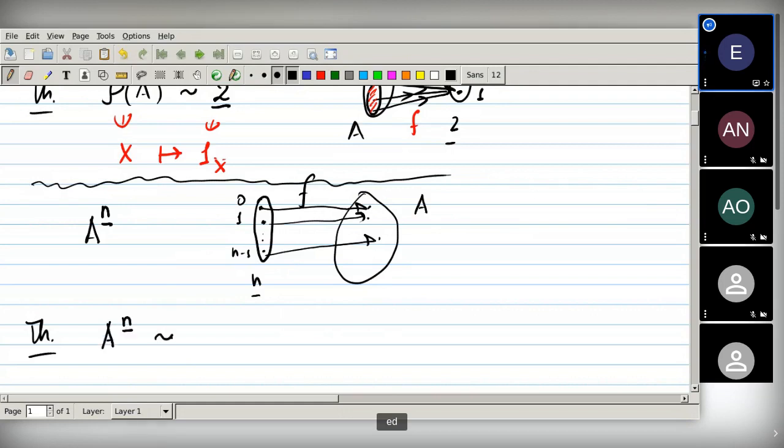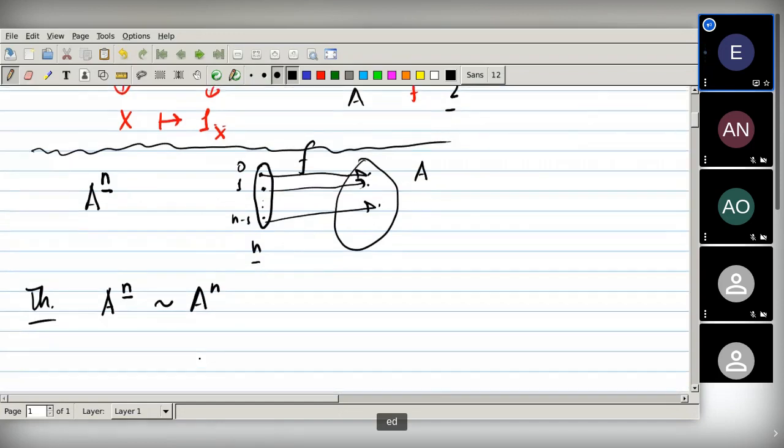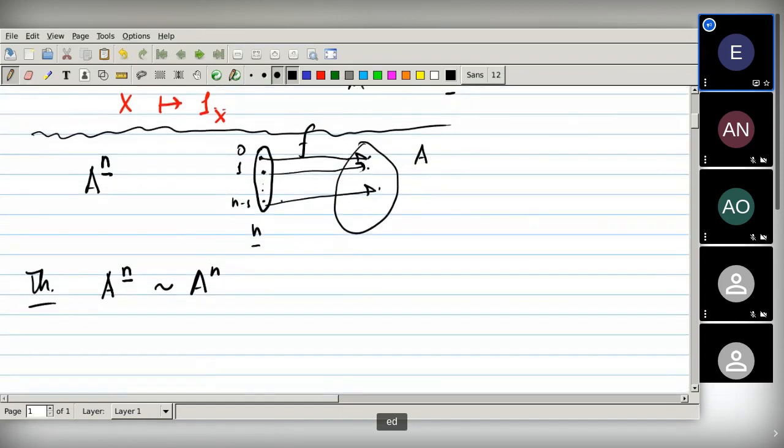So the theorem was as follows. This set is equivalent to this one. This result is very easy, and maybe you think that it is tedious, it is trivial or something like that. No, it is, of course, quite formal, but it is very important. What does it mean?